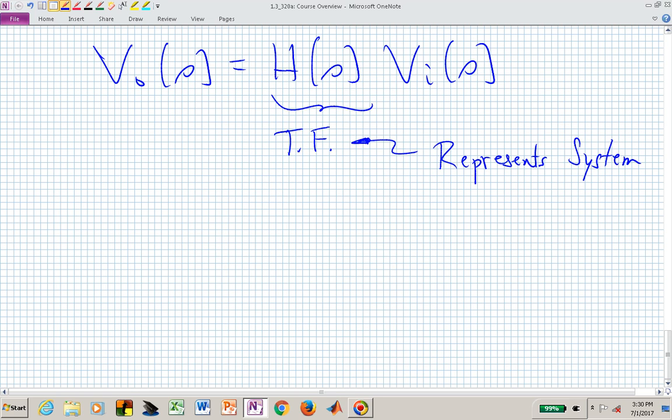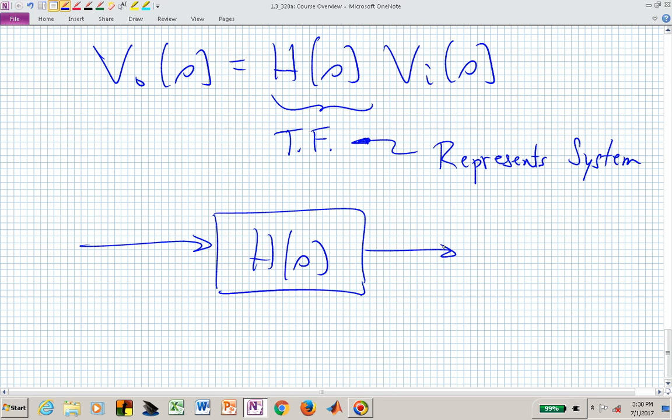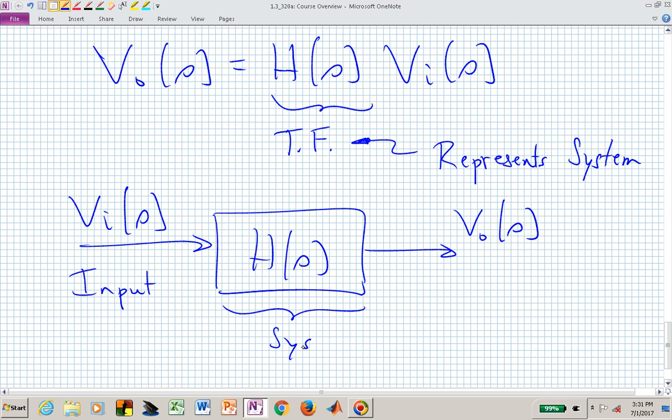We can not only think in terms of this mathematical description, but we can also re-represent that in a more graphical way in a block diagram description, which maybe provides a more intuitive notion of the input going through our system, or the system processing that input to produce an output.